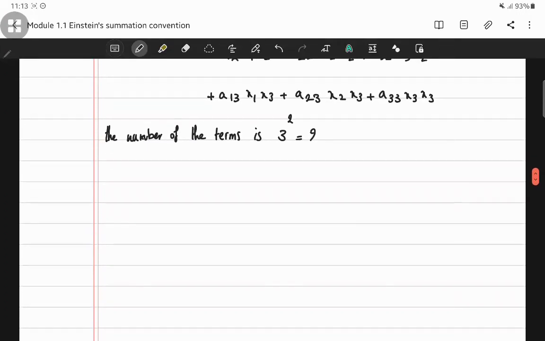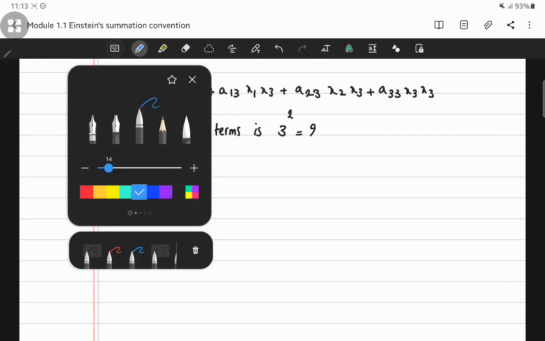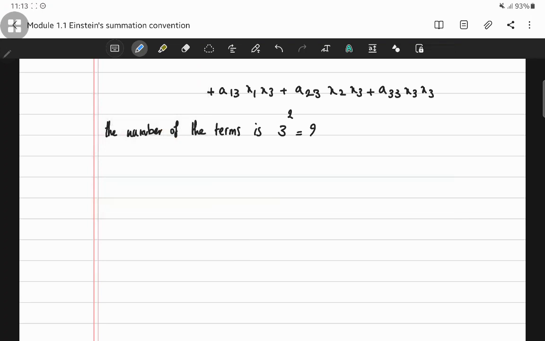So now let's get to the free index. What is a free index? A free index is an index which is only repeated once on each side of the equation.